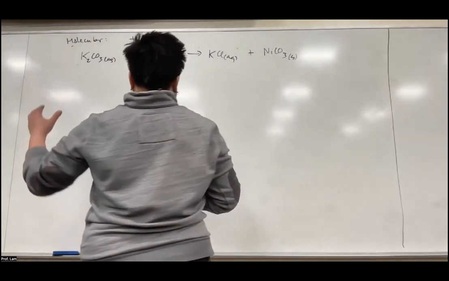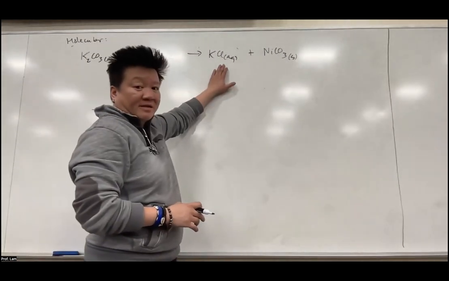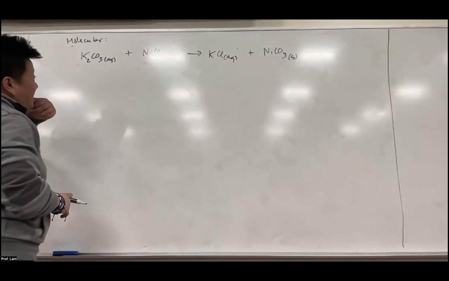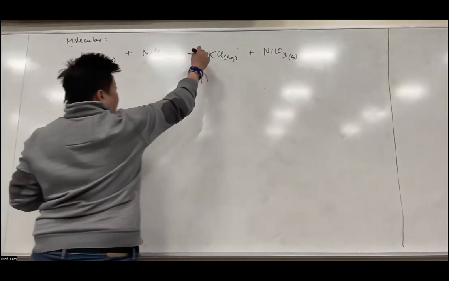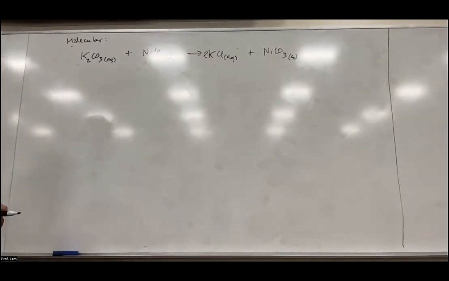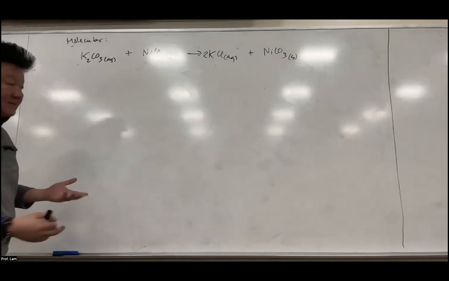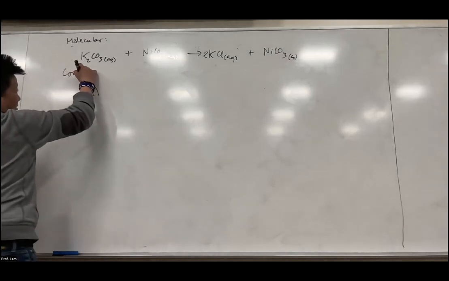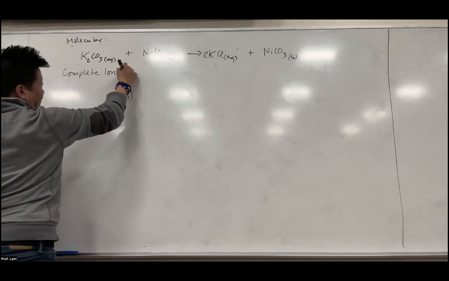Okay. So once you predict the products, right, then you balance the equation. So let's see. Put a 2 here, right? And that should balance the equation. Yep. So we got our molecular, that's balanced. Only then do you go on to do the complete ionic. Okay.